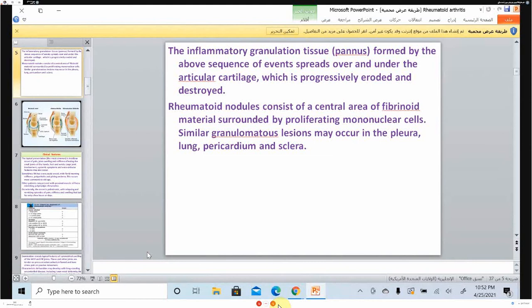Rheumatoid nodules consist of a central area of fibrinoid material surrounded by proliferating mononuclear cells. Similar granulomatous lesions may occur in the pleura, lung, pericardium, and sclera.